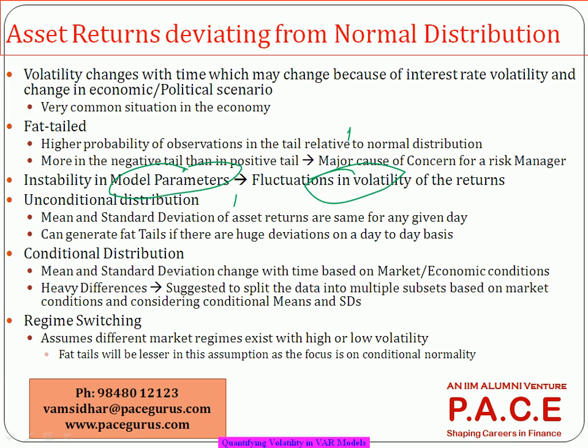If I am considering all of them together, there is a very huge possibility of non-normality existing in the data. And that scenario also we have discussed, we have used the word earlier also. That scenario is what we call conditional heteroscedasticity, wherein the variance is different at different points in time.